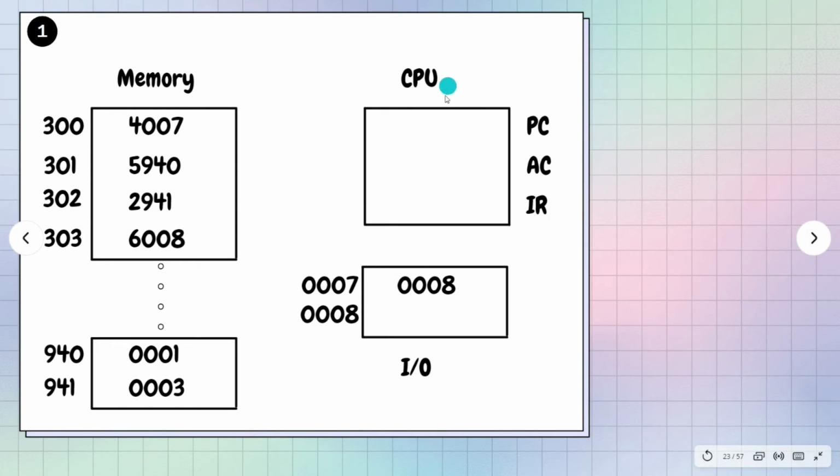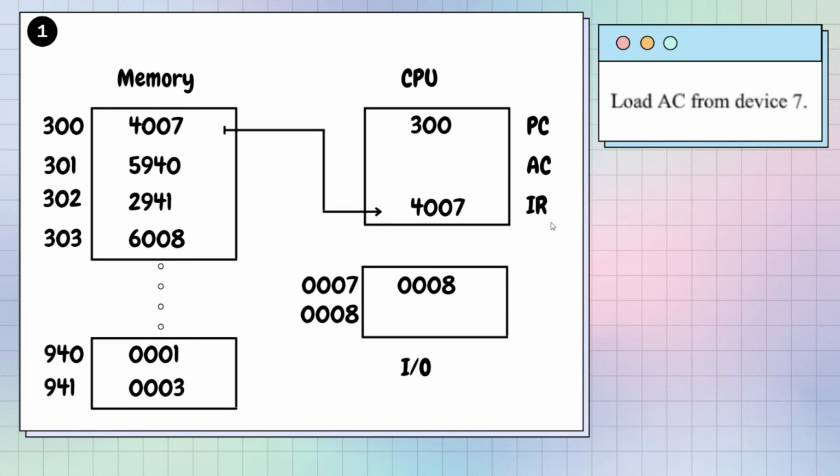In the CPU, we have the program counter register, which is the PC, the AC, and the instruction register. We are assuming that the first value in the PC is going to be 300 as a starting value, and taking the contents of that memory location and putting it in the instruction register, which is 4007.